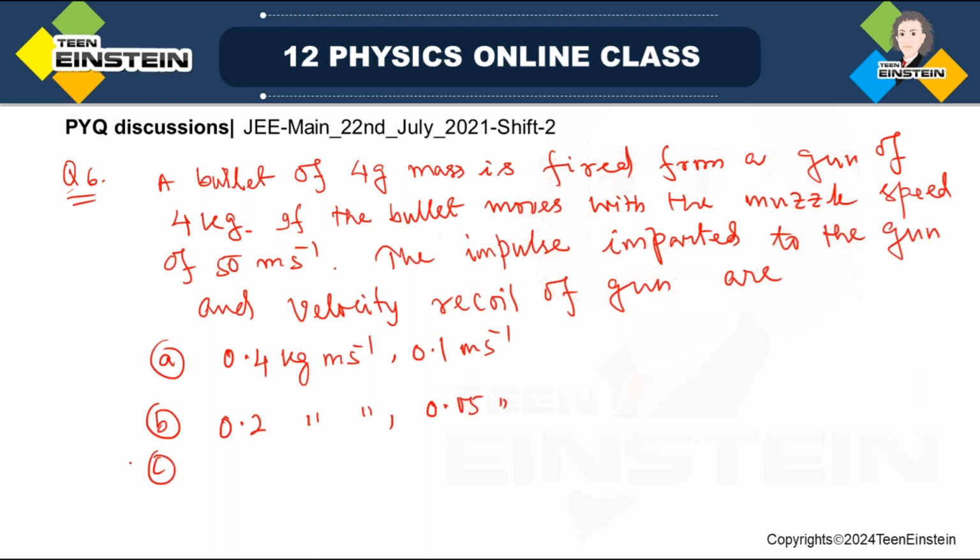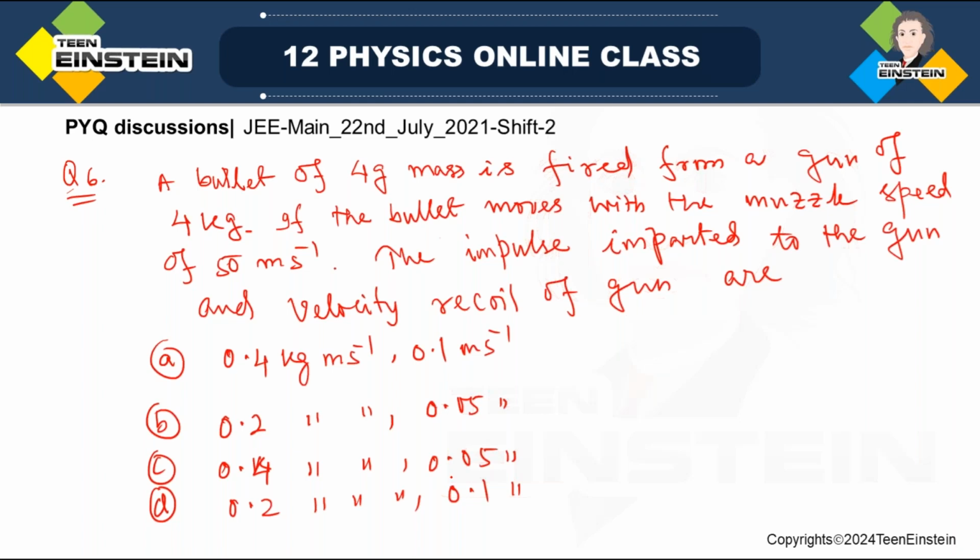Option C says it is 0.4 kg meter per second and velocity is 0.05 meter per second. Option D says it is 0.2 kg meter per second and it is 0.1 meter per second. So we have to solve this problem.